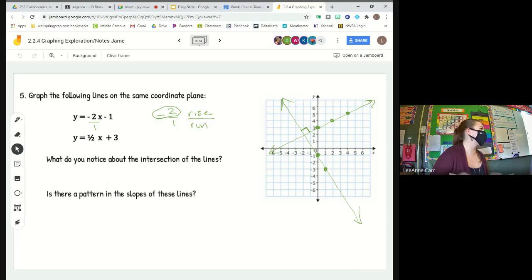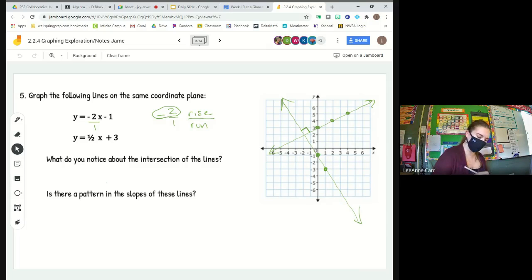Do you guys know what that's called if things intersect and make 90-degree angles? There's a fancy term for it. I feel like I might have seen this on your paper, Brianna. Do you know what it's called when they intersect and make 90-degree angles? No? Oh, I thought I saw it on your paper.